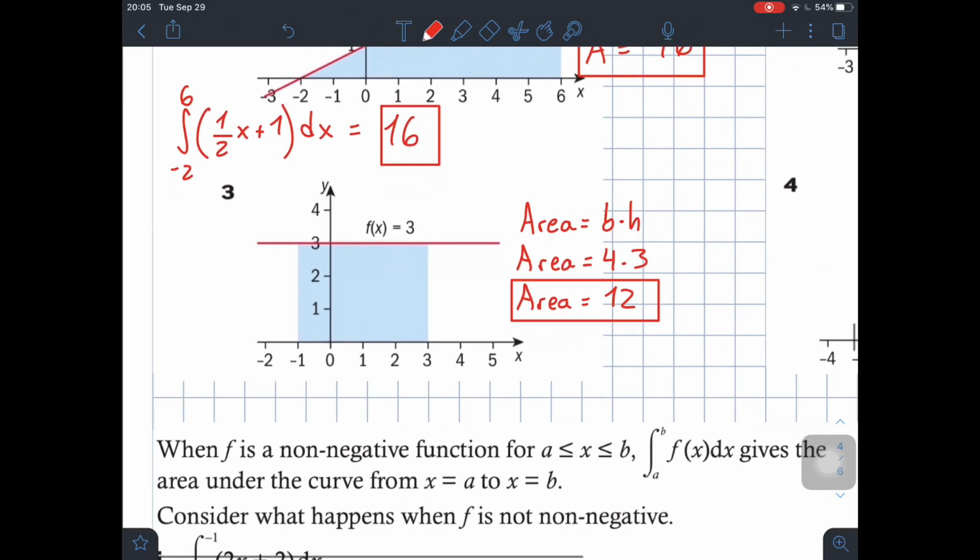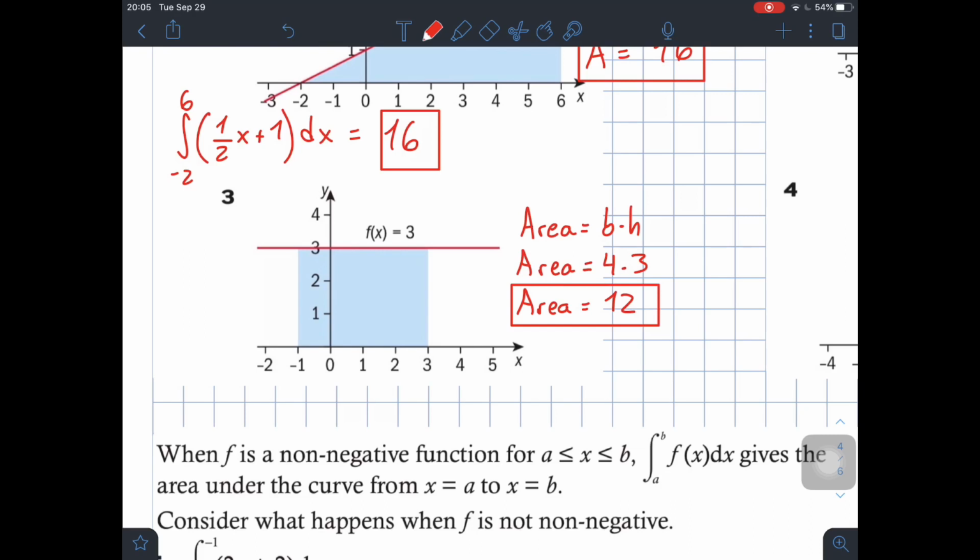But now, if I want to find it using integrals, let's try doing this by hand, since it's an easy expression. If I do this, the integral from -1 to 3 of this function, the function is only 3, so 3 dx. We find the integral of 3, which is 3x, and then we evaluate this from -1 to 3. I didn't write the plus c anymore because we don't need the plus c when we have a definite integral, okay? So how's the rule?